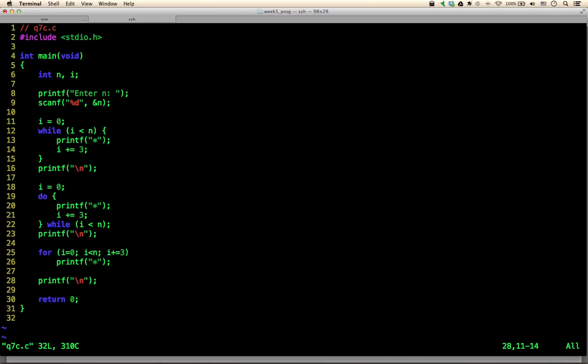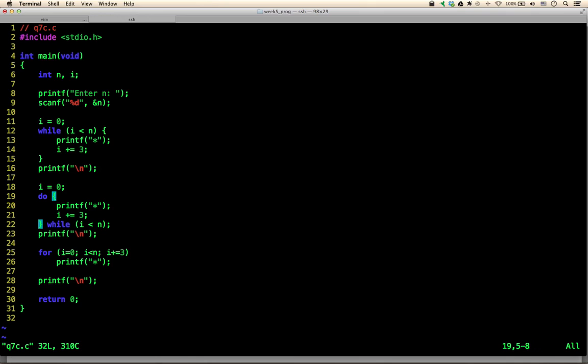All right. So you notice that the do while loop will not produce the same output as the given while loop if n is non-positive. It always prints at least one asterisk, because of the do here.